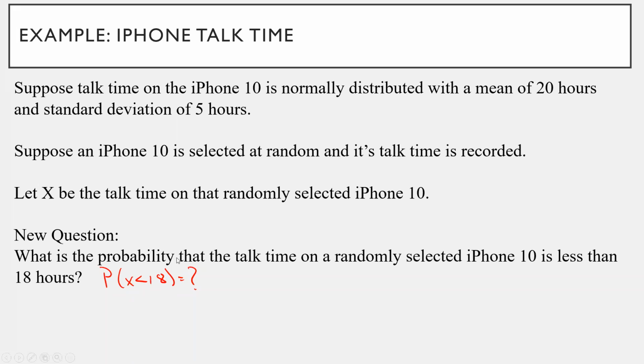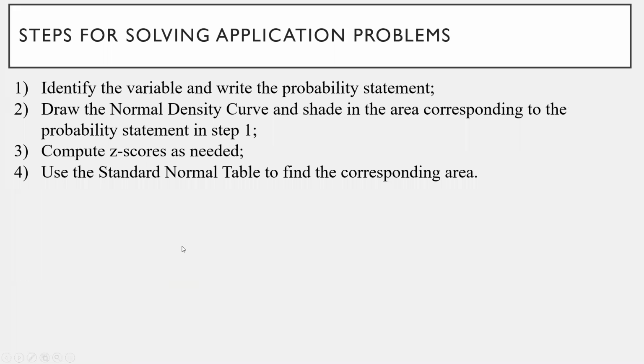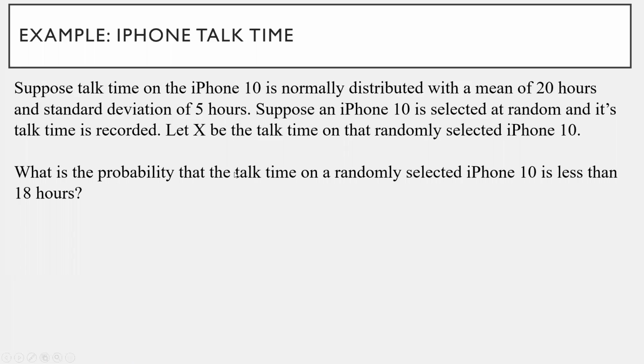All right, so the first thing you're going to do is you're going to identify the variable you're working with and you're going to write the probability statement, okay? So going over here, what is the probability that the talk time on a randomly selected iPhone 10 is less than 18 hours? So step one, all right, you're going to identify variable and write probability statement.